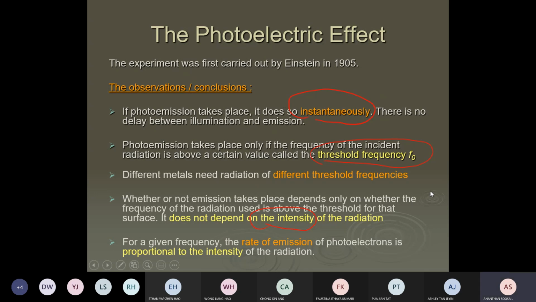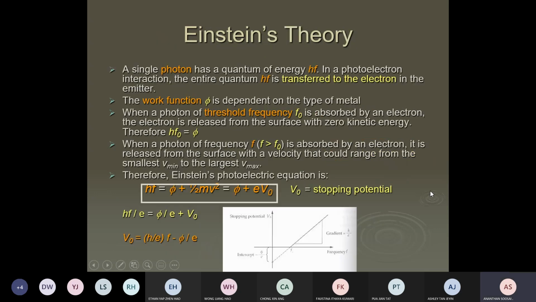So what Einstein said is what I showed you the other day. Einstein's theory of the photoelectric effect gave him a Nobel Prize, quite close to 1 million, and of course huge recognition.